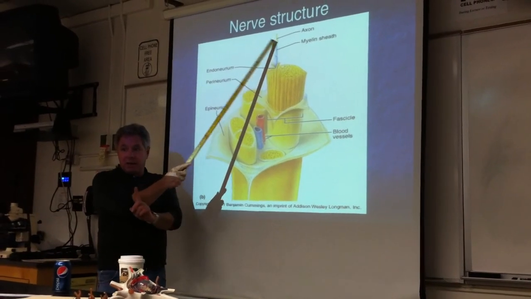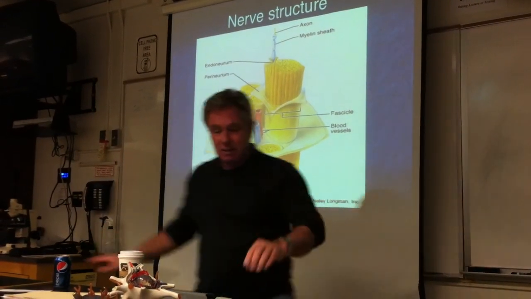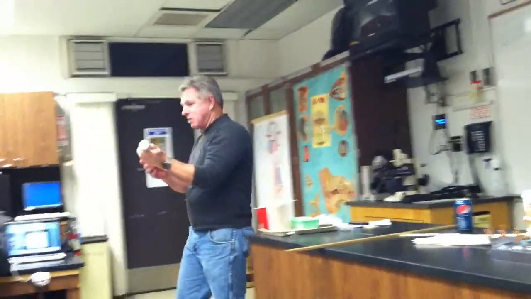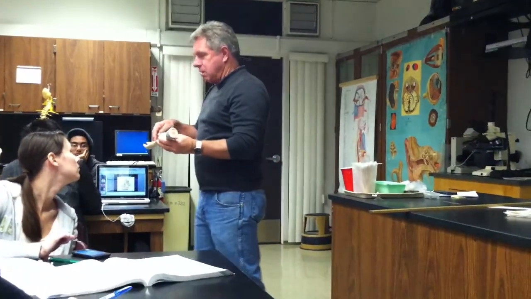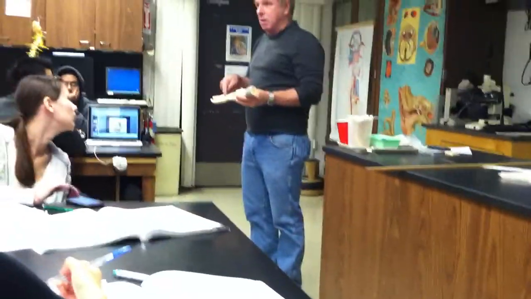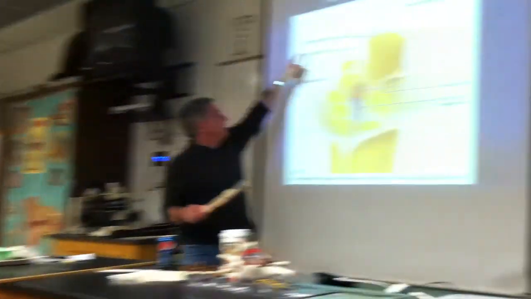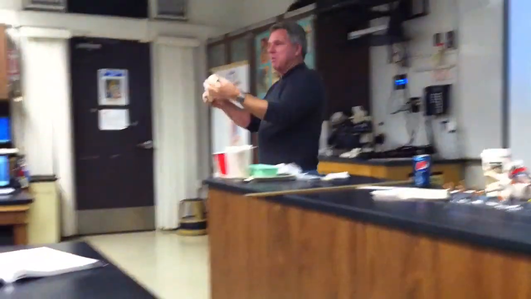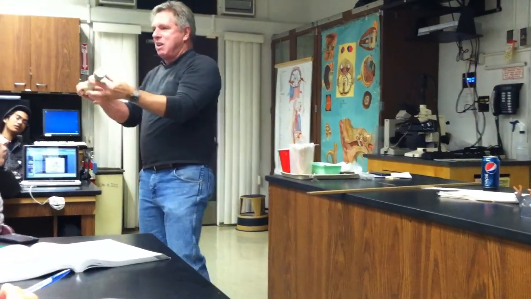Let's look at this for a second. You know what this is? That's the axon. You know what this stuff is? This is the myelin sheath. So this stuff has to be this stuff. Here's the endoneurium, here's the myelin, and there's the axon itself.